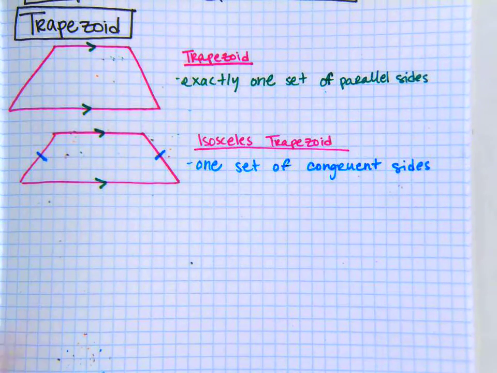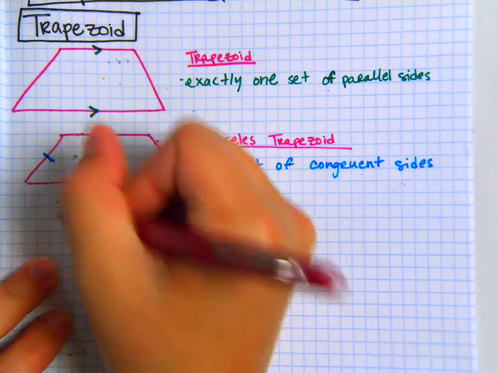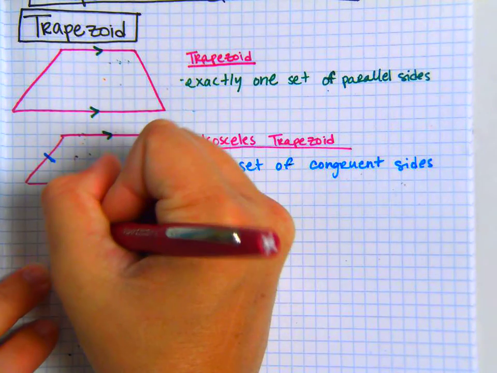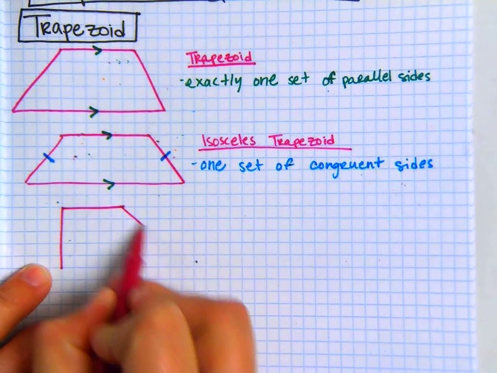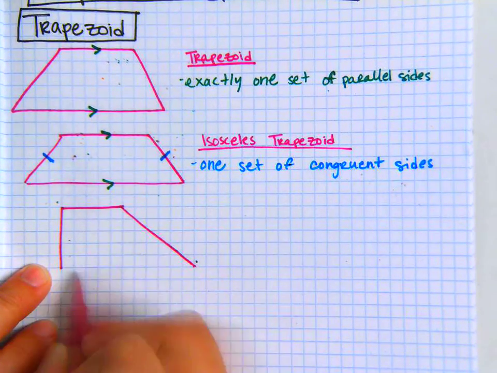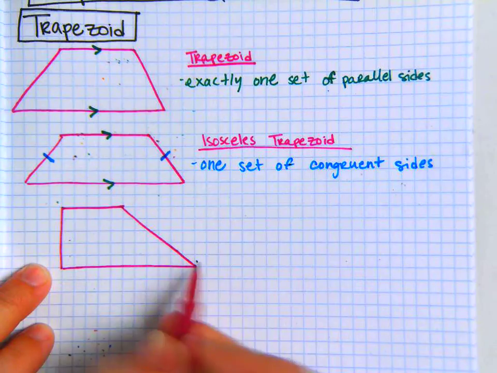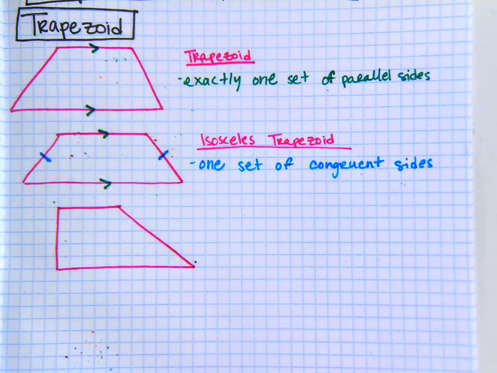And then the last type of trapezoid we're going to talk about will look like that. And this is a right trapezoid.